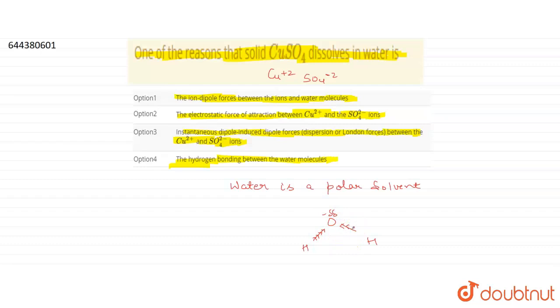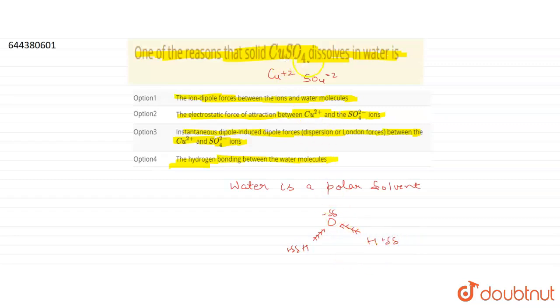Because oxygen is more electronegative, it tries to take this bond pair towards itself, and these hydrogens will gain a partially positive charge.